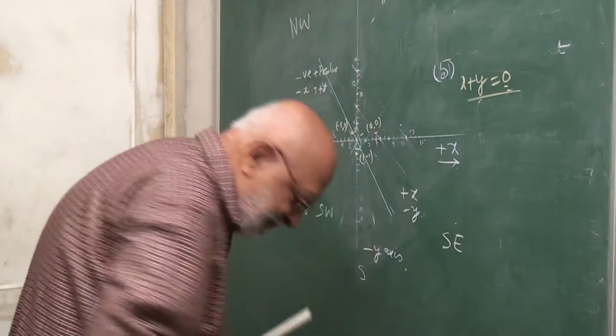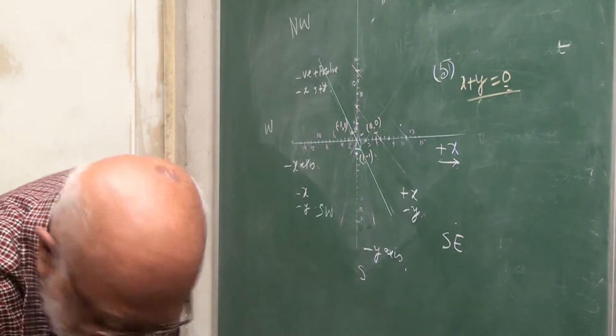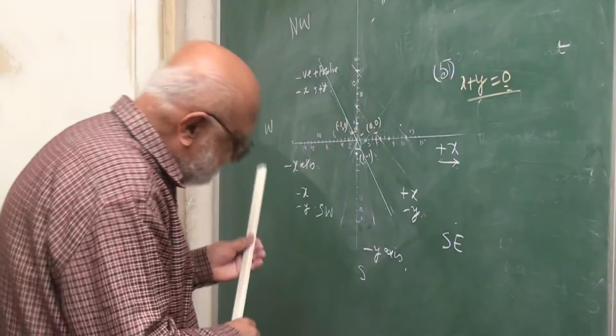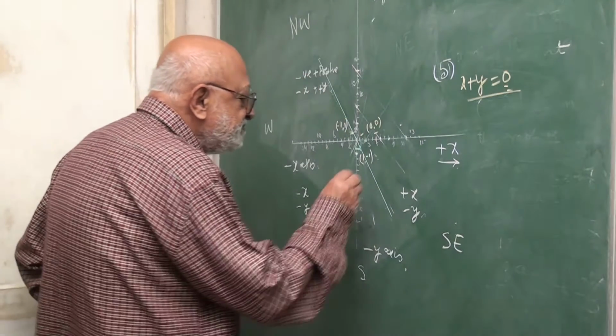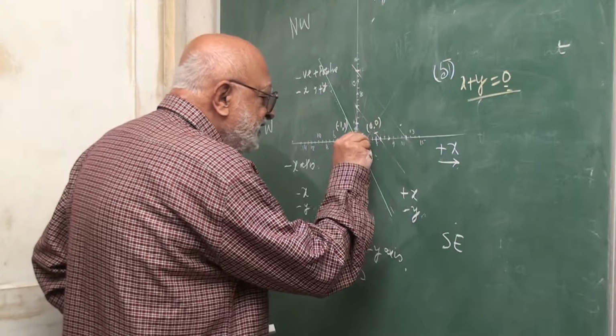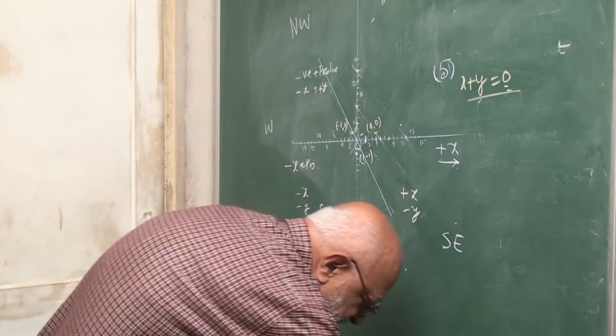So this one, a graph is given like this. This is 2, 0. So this one here, I will erase the other part.